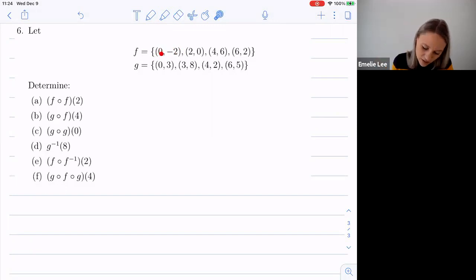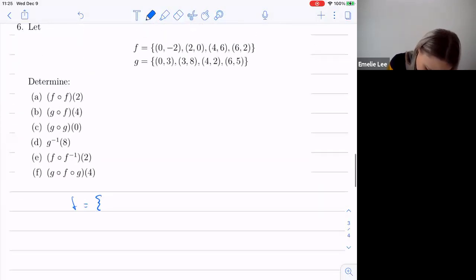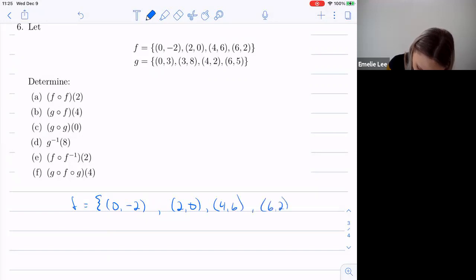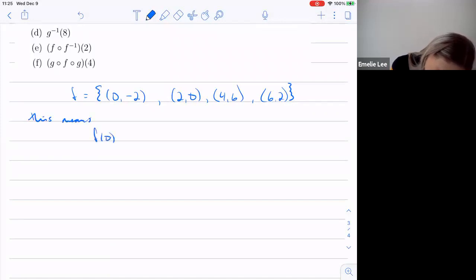Anyways, so here, what this is saying, if f is equal to the set of (0, -2), (2, 0), (4, 6), and (6, 2), this means that f of 0 is -2, okay?